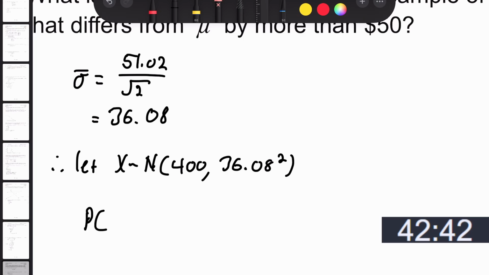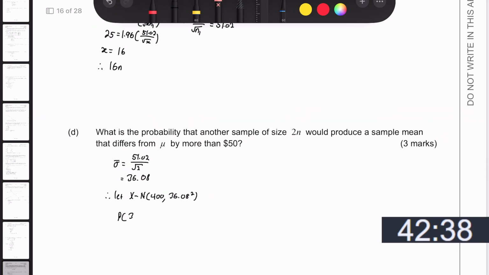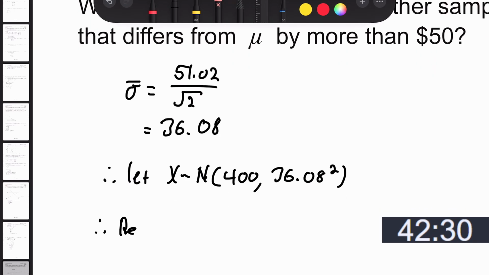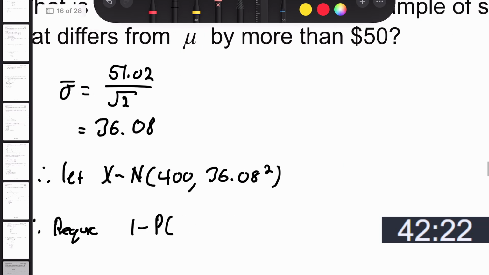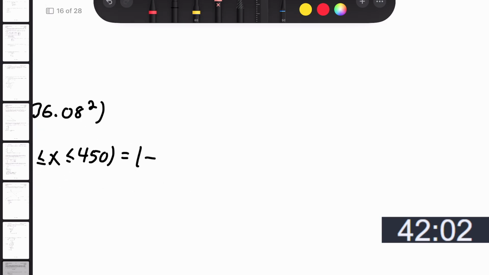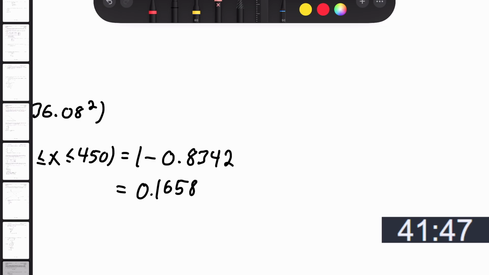So then the probability that it would produce a sample mean that differs by more than 50, and therefore we require one minus the probability that it is within that, so 350 less than or equal to x less than or equal to 450, which is equal to 1 minus normal CDF of 350, 450, of 36.08, of 400, 0.83419. So 0.1658.